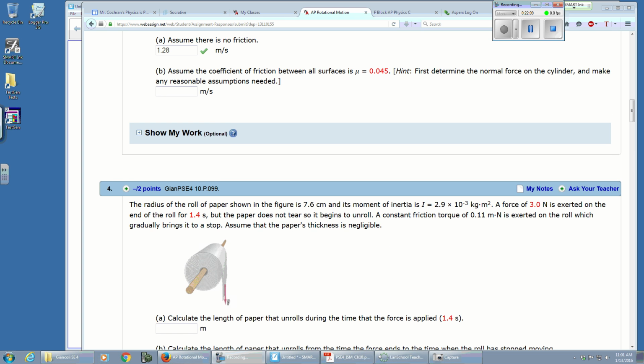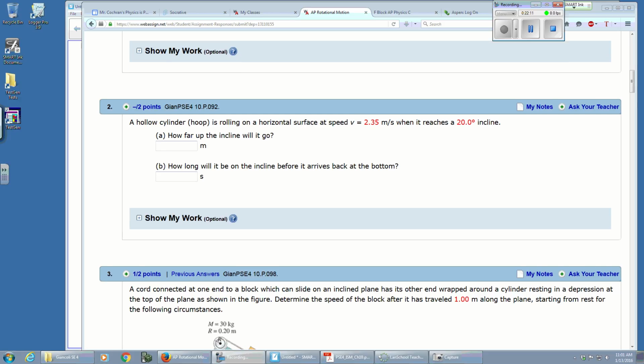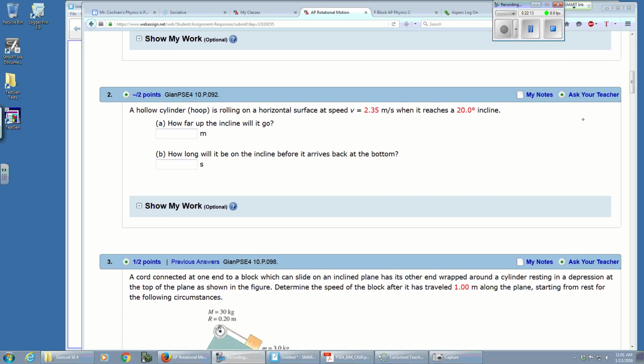So, for the 2, let's see, what can we offer? Again, this one I would look at what's its total kinetic energy before hitting the slope. So it's translational and it's rotational.